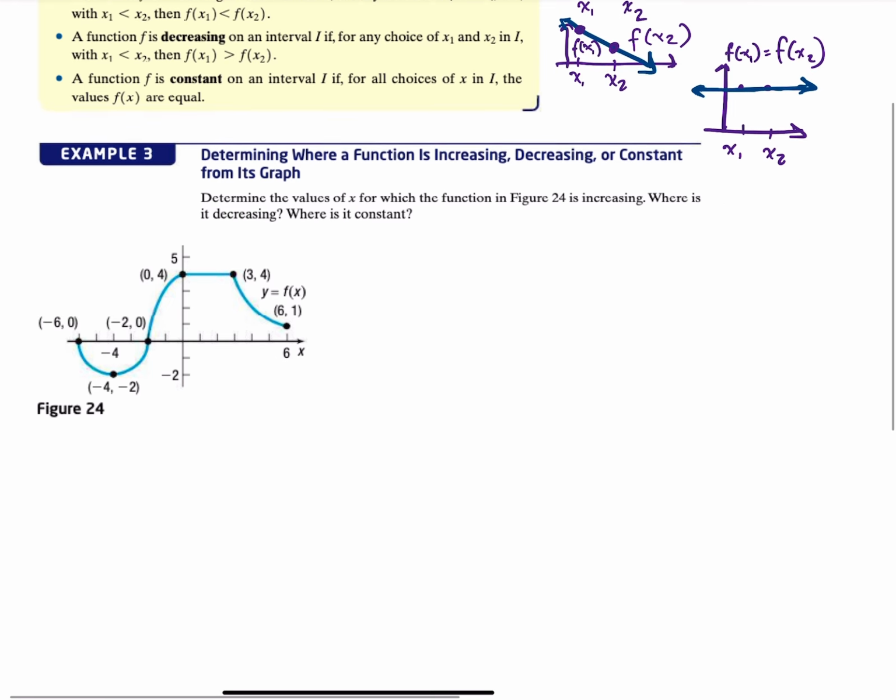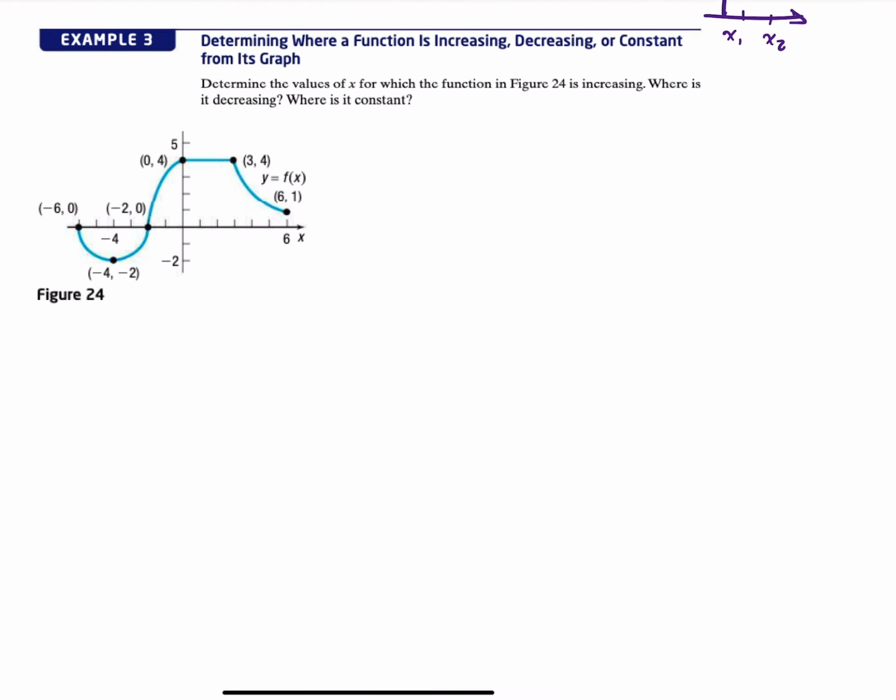So let's look at this example. It's asking where is it increasing, where is it decreasing, and where is it constant? So let's first look for increasing behavior. Well, let's just look at the graph in general. If I'm tracing this, I'm tracing it downward here on this interval from -6 to -4.